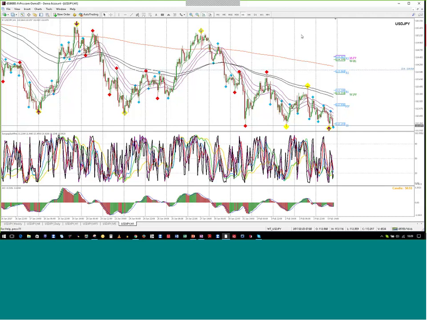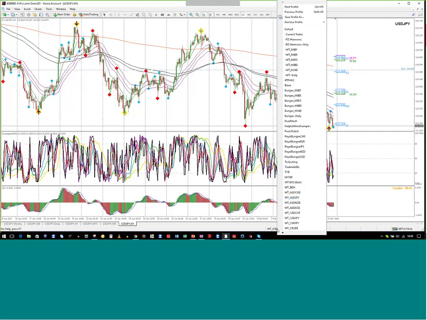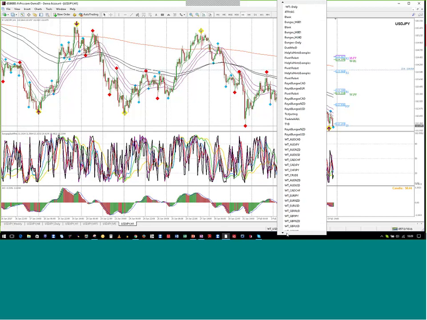And that's why I restrict my profiles to one currency pair. They're all down here. One pair per profile. And I restrict the number of bars to 5,000. And I never have a problem with resource, and I do not have a top-of-the-range computer by any means.